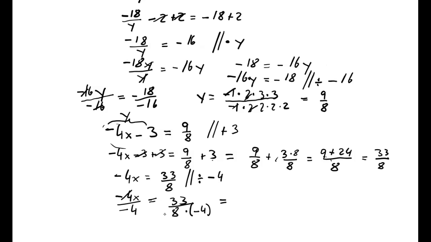And we see that the negative 4 cancels out, so we've got x left. Here we get, for our x, 33 divided by negative 32. We can write this as x equals negative 33/32. So that would be our final result.